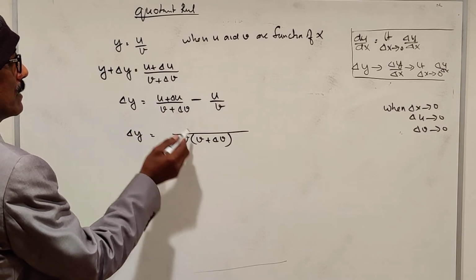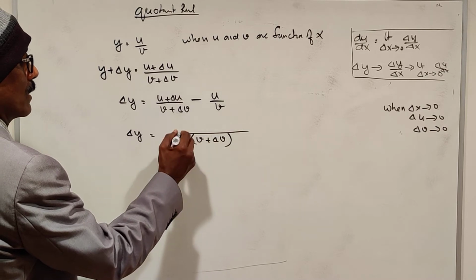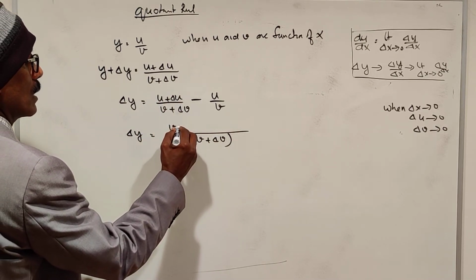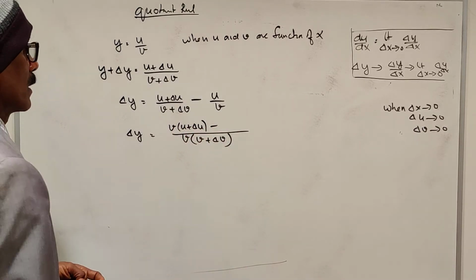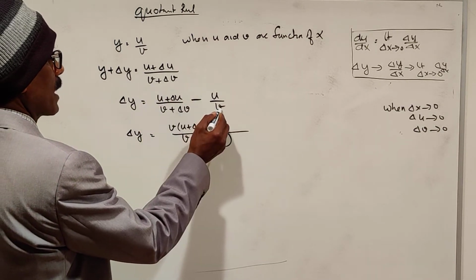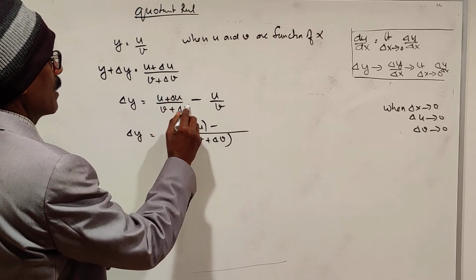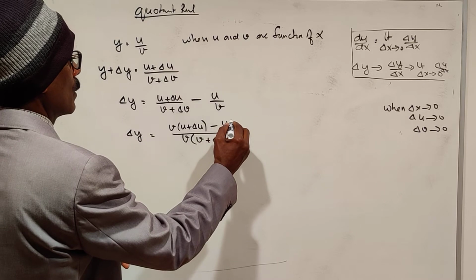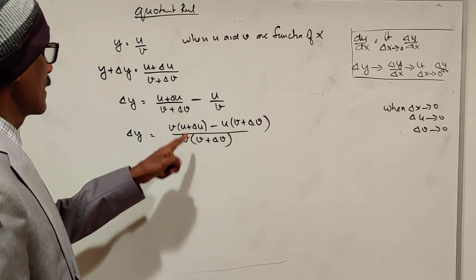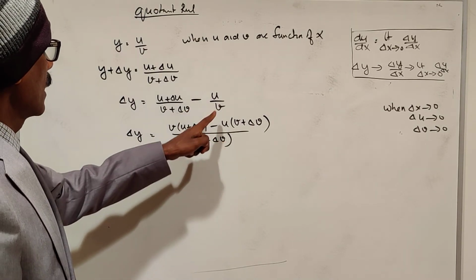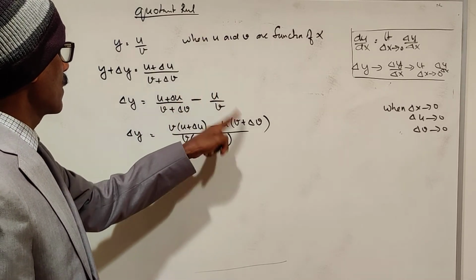Multiply this: v into (u plus delta u) minus v plus delta v times u. That is the method, okay? This is the LCM, v times v plus v delta v.